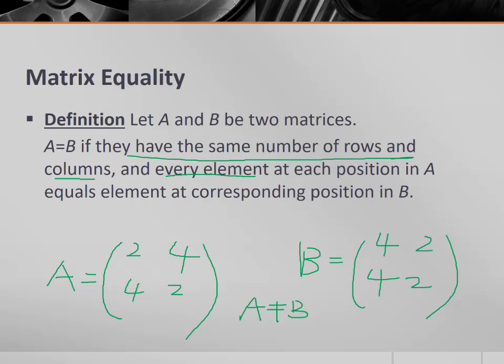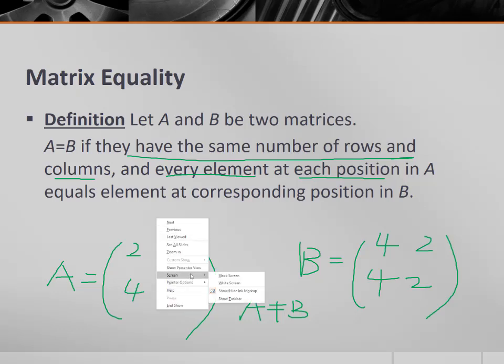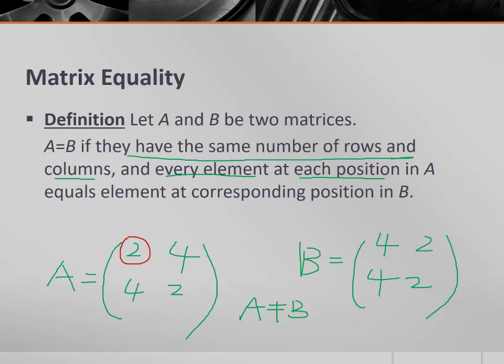For every element at each position in A, for example, at this position it is 2, but at this position it is 4. They are not equal, so these two matrices are not the same. This element and this element are also not the same.